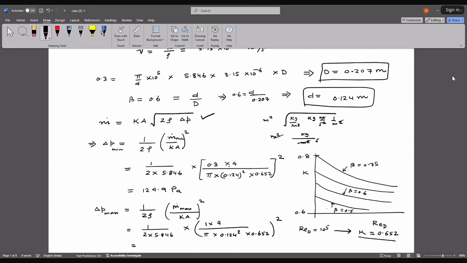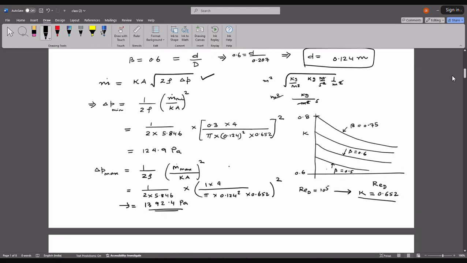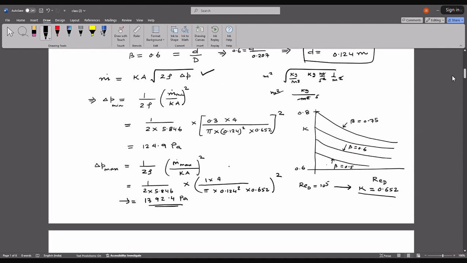And this will come out to be 1392.4 Pascal. So you need to have a manometer which should be able to measure this high a pressure. So this differential pressure will have two values, delta P min and delta P max, corresponding to the minimum and maximum flow rates.